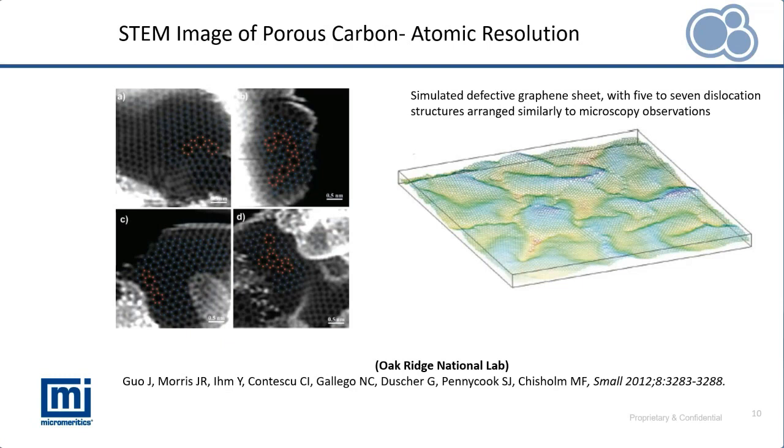These images show segments of defected, curved graphene sheets. The authors concluded that graphene sheets that are defective and curved are actually the building blocks of nanoporous carbons.